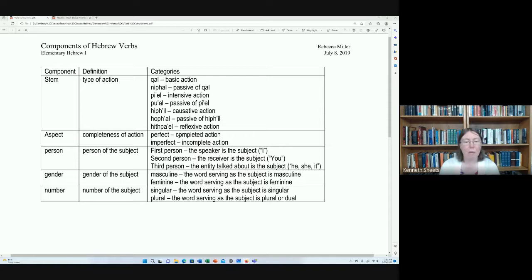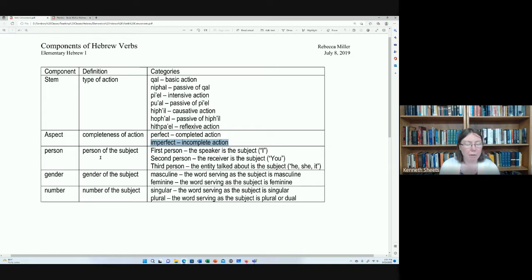It's a little bit more complex than that, but that gets us into the ballpark. Then we also have the imperfect aspect, incomplete action, so the action is still ongoing. This corresponds roughly to our present and future tense. Again, it's a little bit more complex than that, but that gets us into the ballpark.